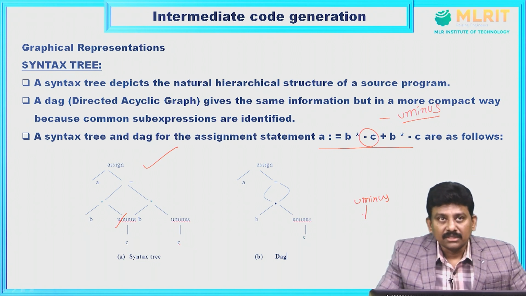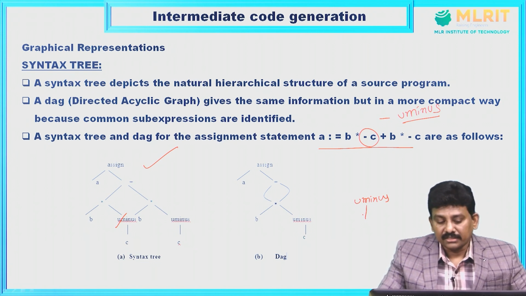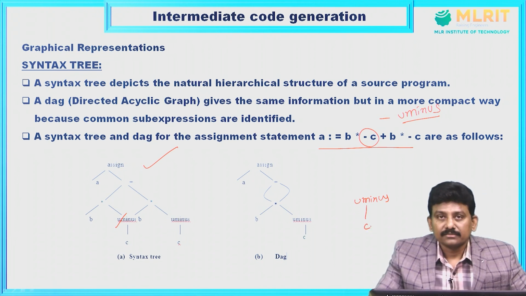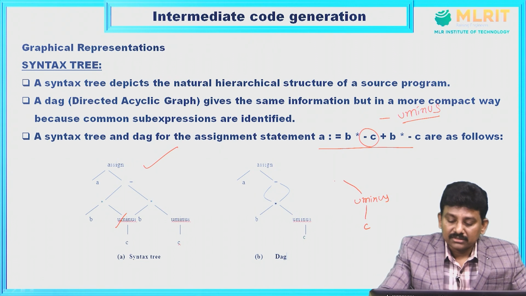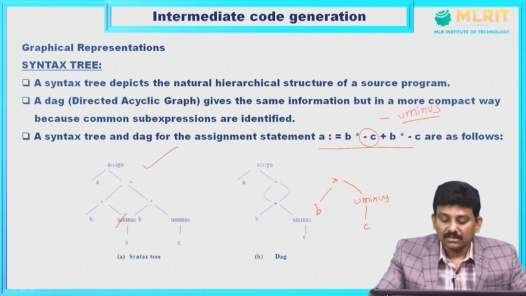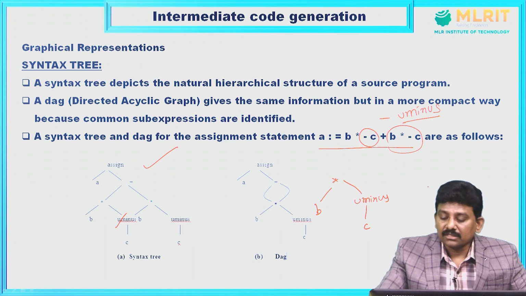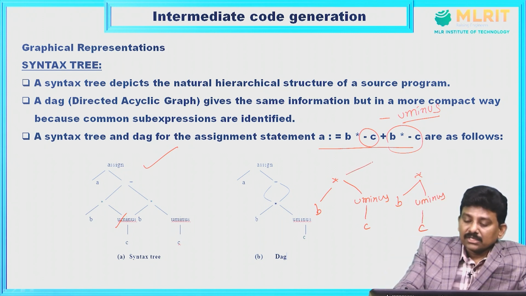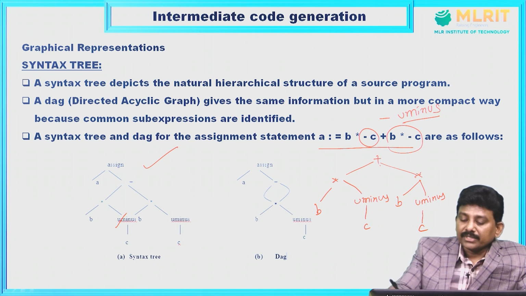The operator becomes the internal node of the syntax tree or parse tree. That means minus C is multiplied with B, giving B * unary minus C, and we also have another B * unary minus C. These two sub-expressions are added by using the plus operator.